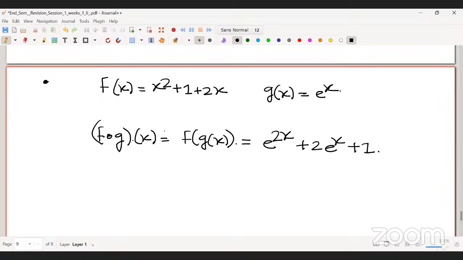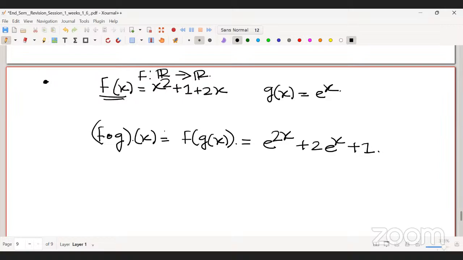Okay, so what is the domain of f? What is the domain? Real numbers. Correct. So f is basically a function from R to R. Okay, please, I am getting some echo.